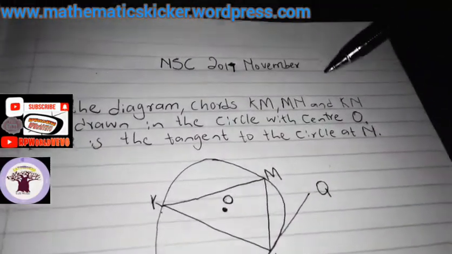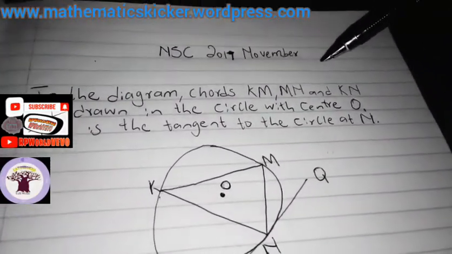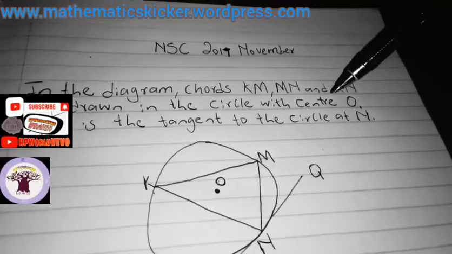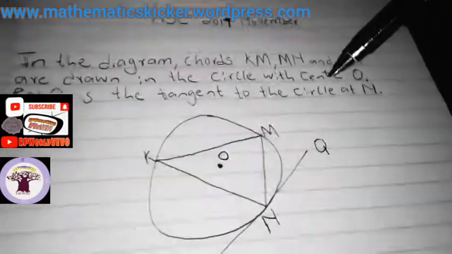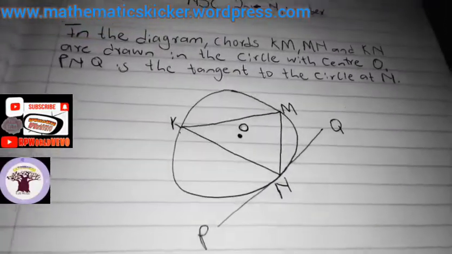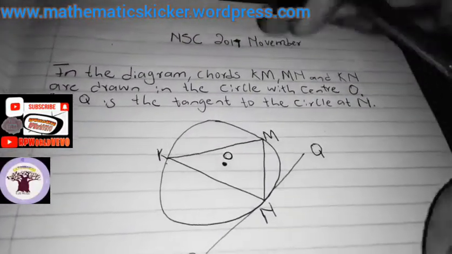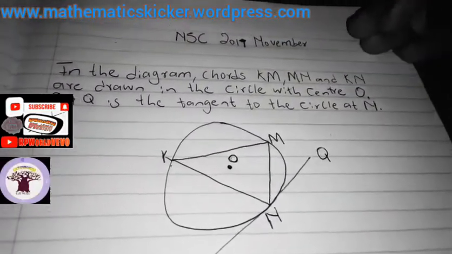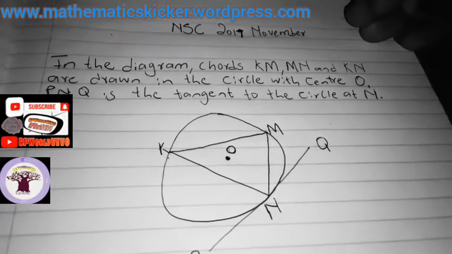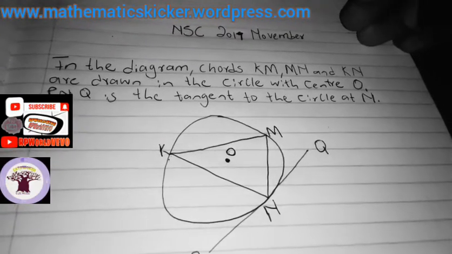This question was taken from the NSC 2017 November Grade 12 paper. Before you do anything in Euclidean geometry, interpret what you are given.